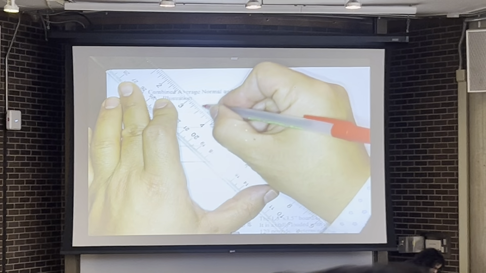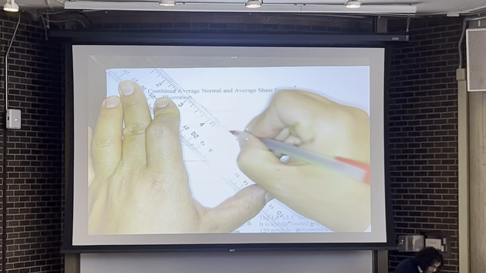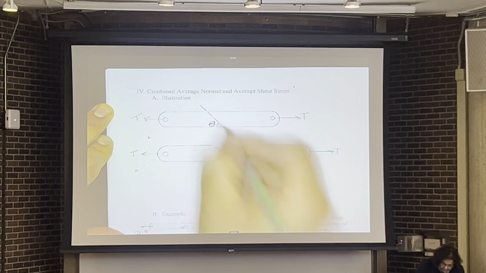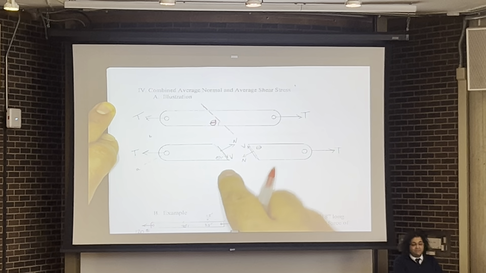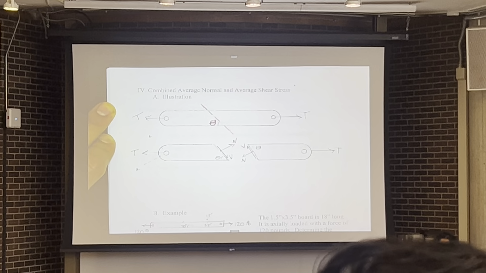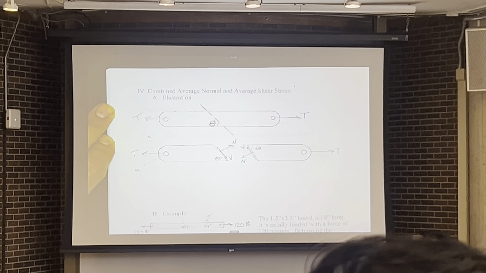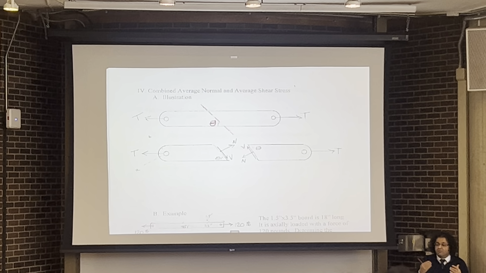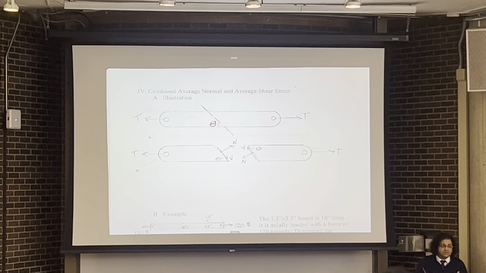Clearly we have both. Why do we have both? Because if we do not have both N and V, the equilibrium is not going to be satisfied. So we can calculate some non-zero values for both normal force and shear force.